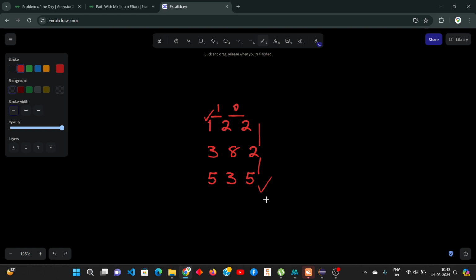So let us think about the approach, what can be. Now one thing is sure, that we have to reach from this node to this node. Now we have to calculate the shortest path, right? And when we are talking about the shortest path, then obviously there are two algorithms, that is Dijkstra and the Floyd.